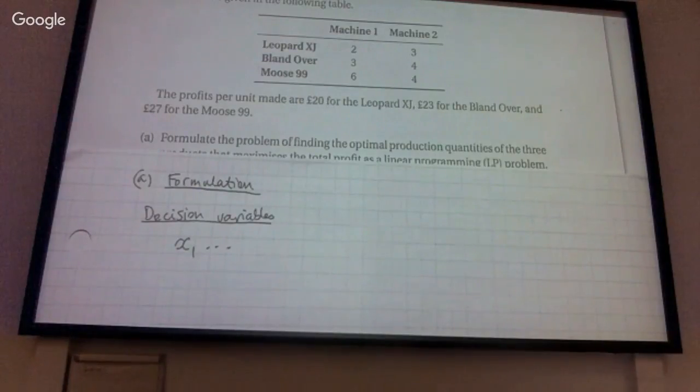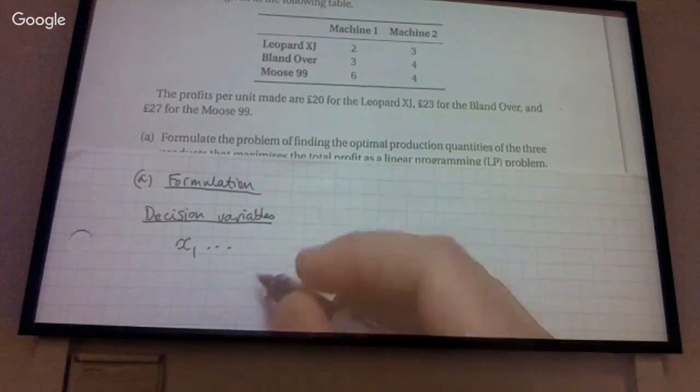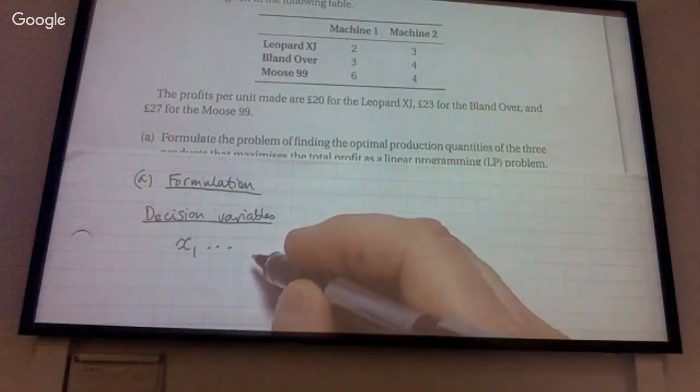Is it the price of it? Is it how much it costs to make it, or something like that? It has to be a number. So you have to be very precise about that. And when you're precise about what these decision variables mean, then you're less likely to make constraints that don't mean anything.